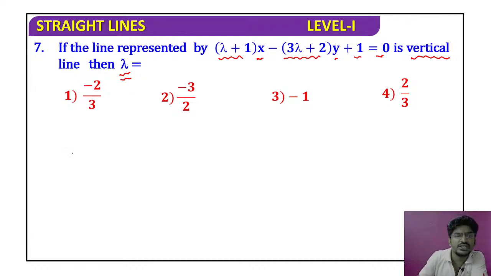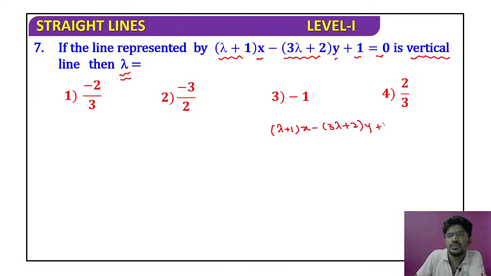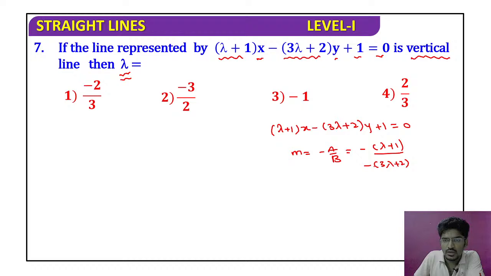So here you can just see the equation is lambda plus 1 into x minus 3 lambda plus 2 into y plus 1 equal to 0. M will be equal to minus a by b. The a term is lambda plus 1, divided by the b value, which is minus 3 lambda plus 2.